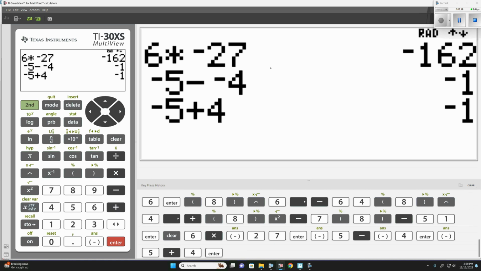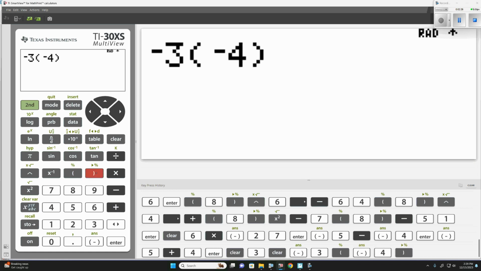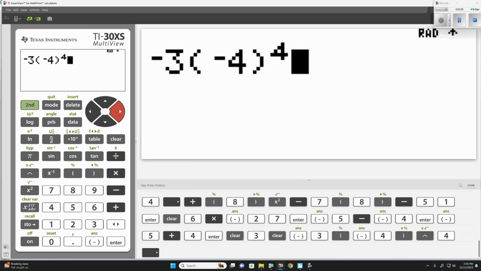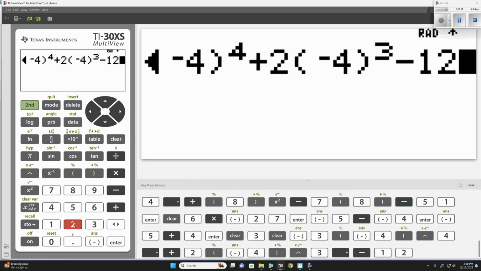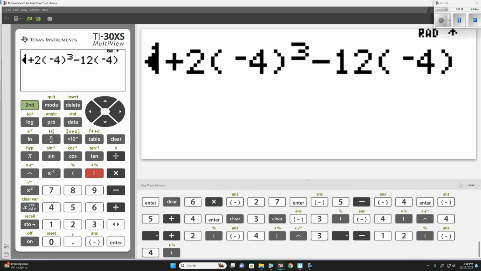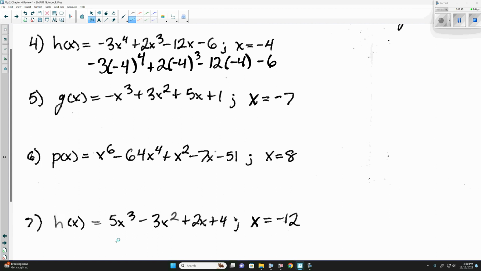Now at this point here, we can plug this all into the calculator. If we type it all in, we get negative 854. That's it. Questions on this here?